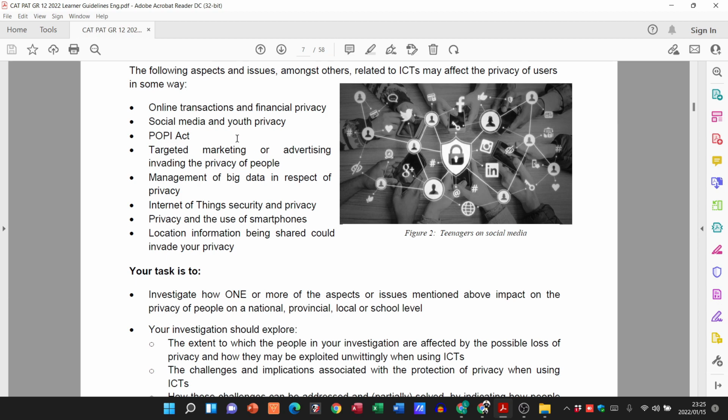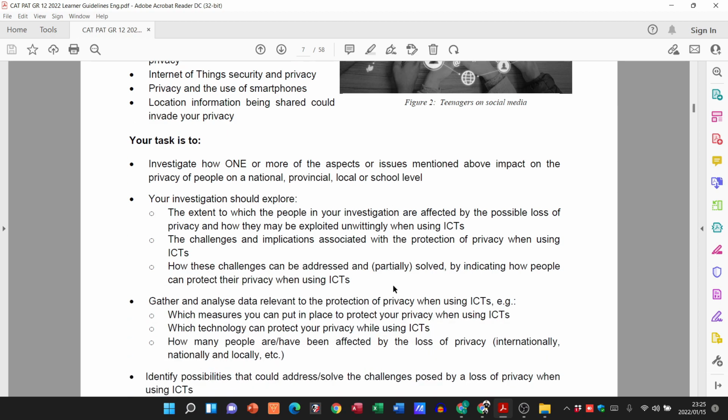So I can say, well, I want to look at social media and youth privacy, and I want to see the impact that has on the privacy of people at school level, and that's fine. Okay, so I hope you're understanding. If not, let me know in the comments, and I can always try and help you out there.